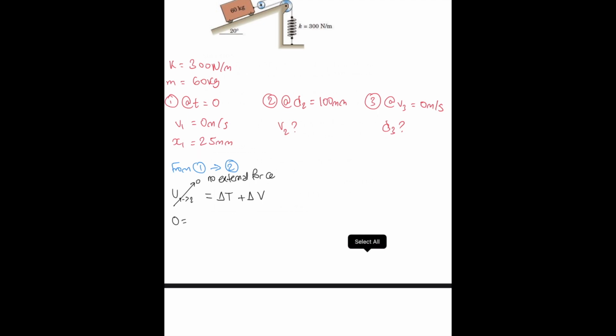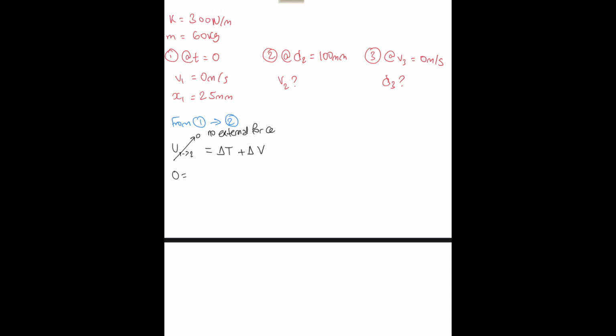And we know our kinetic energy and potential energy equations, so half m(v2 squared minus v1 squared) plus half k(x2 squared minus x1 squared) minus mg(h2 minus h1).